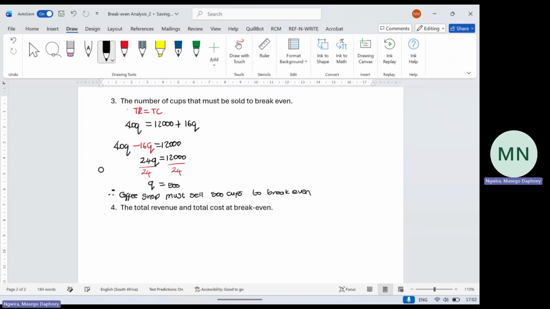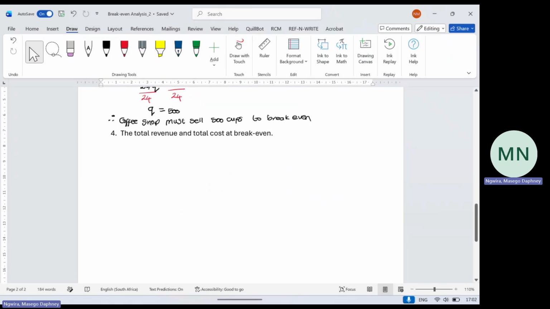Now we go to number 4. It says determine the total revenue and the total cost at the break-even point. So we need Q. Remember we said that to break even, we need 500 cups, so our Q is equal to 500. That's the quantity to break even. Now we calculate the total revenue.